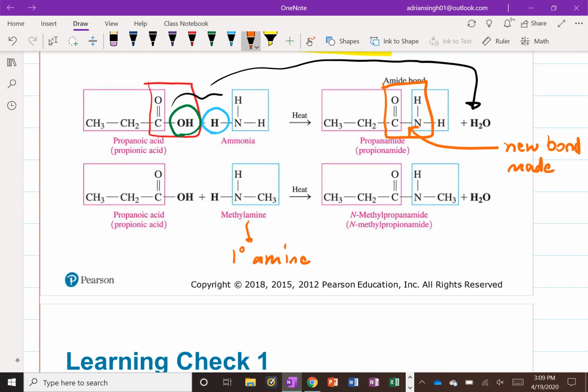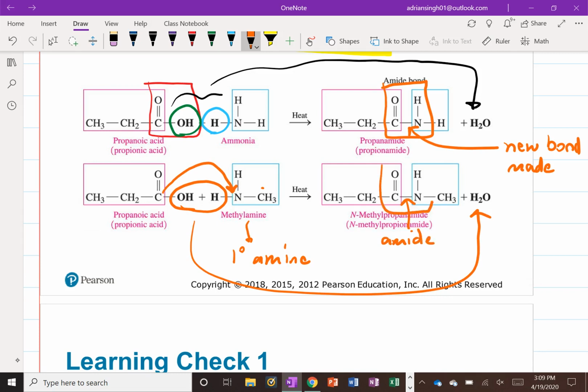Meaning that it's connected to just one other carbon atom. Here again, we're going to lose water as one of the byproducts of this reaction. There's our H2O. And then we're just linking now this carbon here with that nitrogen. All right, and there's our amide bond. The new bond that we make. All right, and that's at the center of the amide functional group.